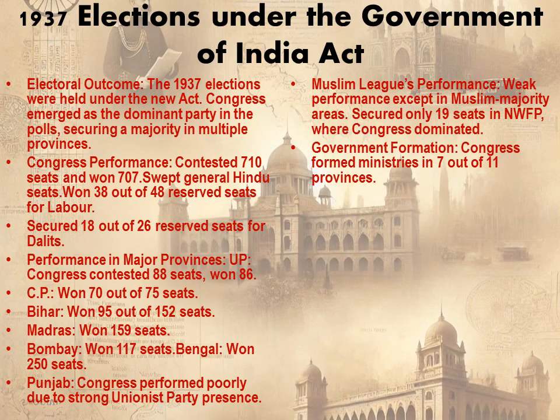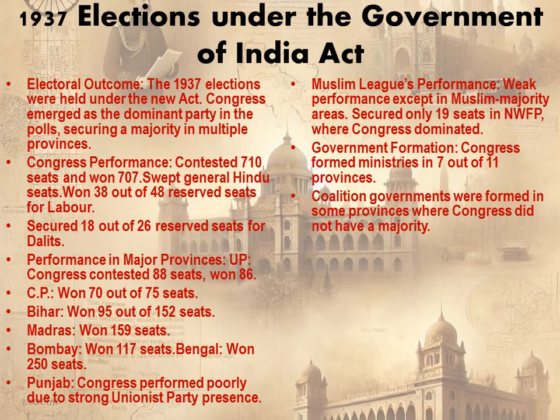Now, how was the government formed? There were a total of 11 provinces. The whole of undivided India had 11 provinces, and Congress formed ministries in 7 out of 11 provinces. Means in 7 provinces they had complete majority. Coalition governments were formed in some provinces where Congress did not have a majority.